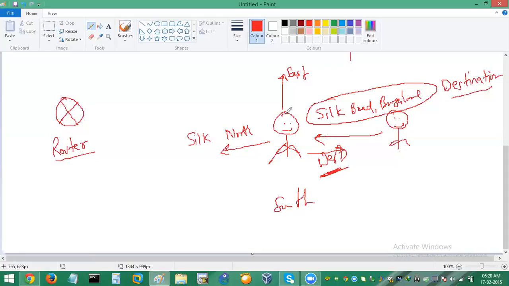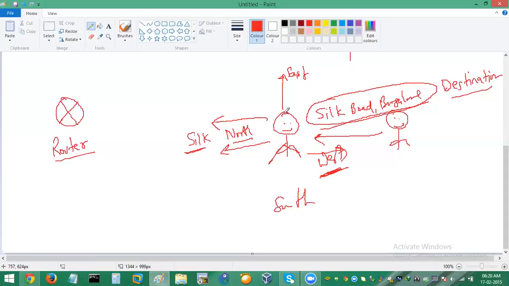Looking at all the entries in your mind, you matched it with Silk Board, Bangalore. You found a matching entry, and you know Silk Board is to the north, so you told him, you can go north and you will reach Silk Board.